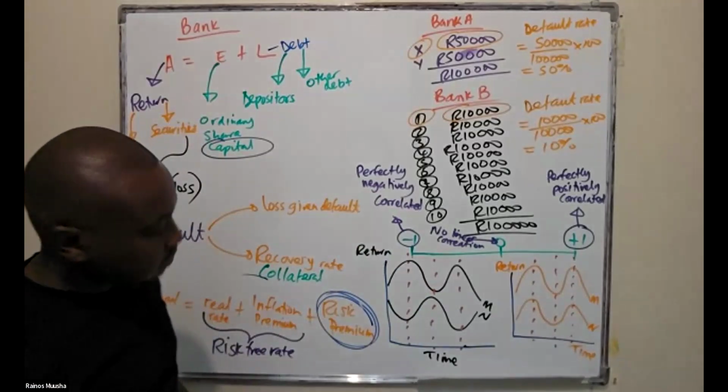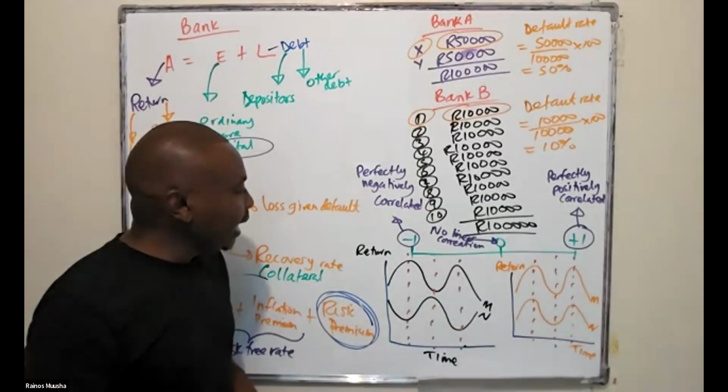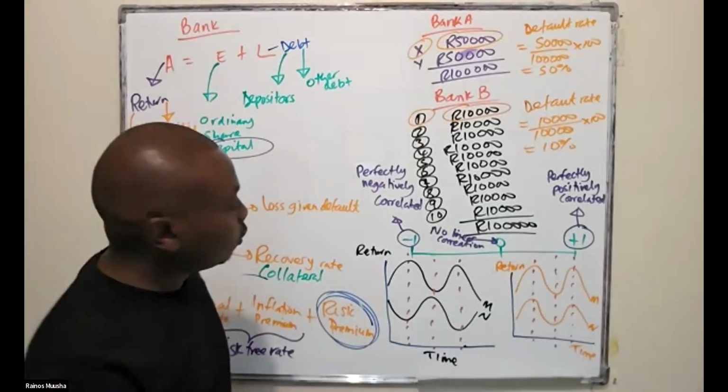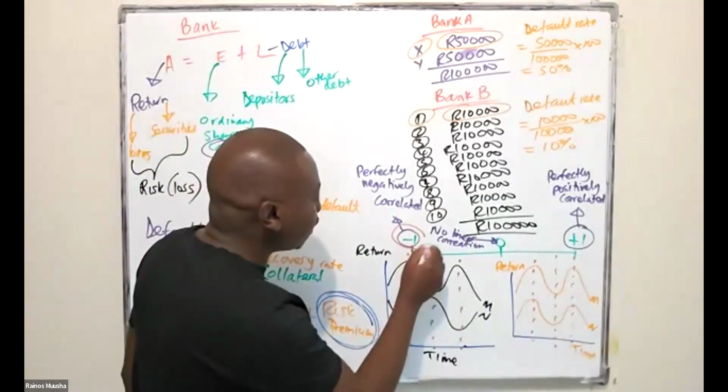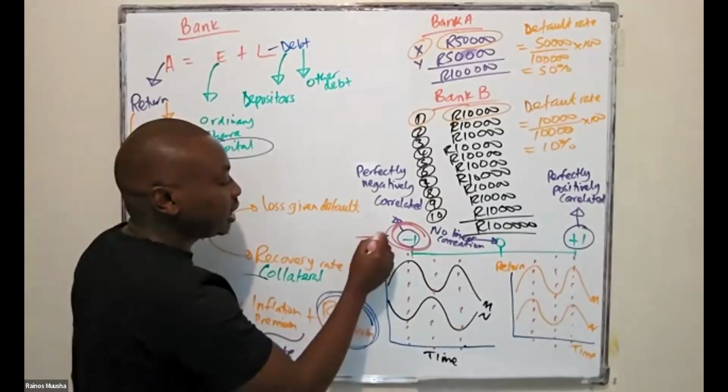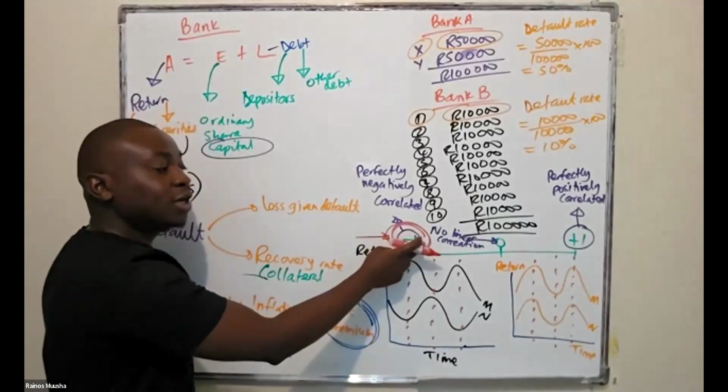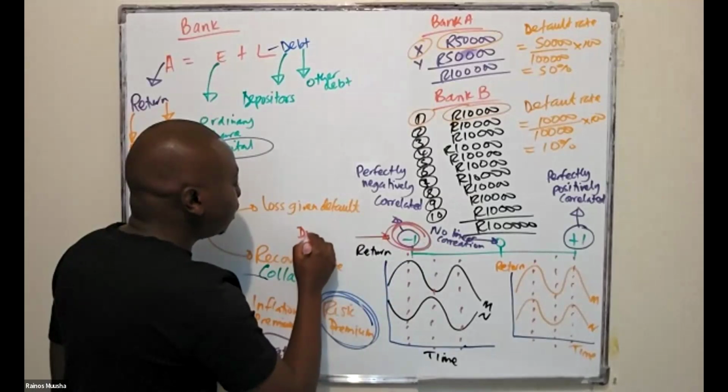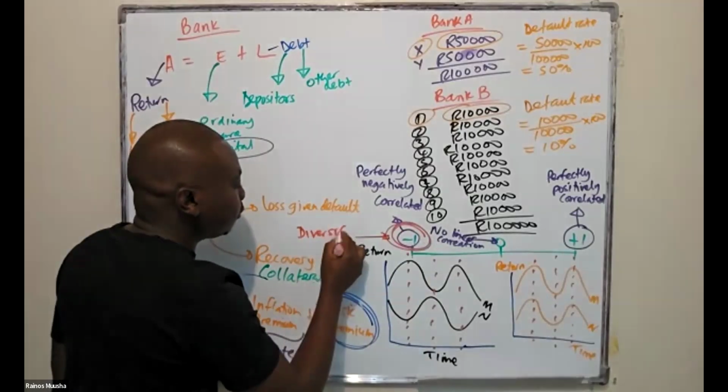So our aim when it comes to our portfolio is to have a portfolio with the correlation coefficient as close to -1 as possible, because the closer we are to -1, the more diversified our portfolio is.